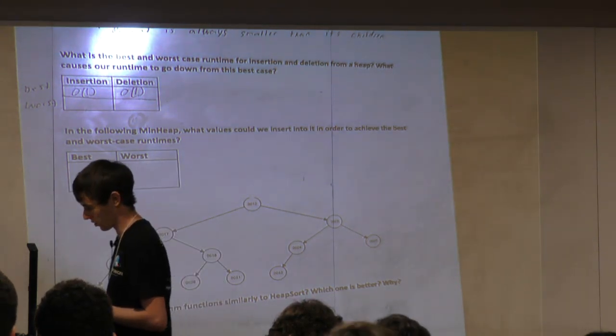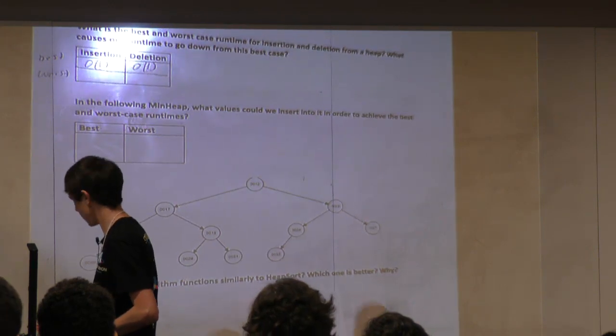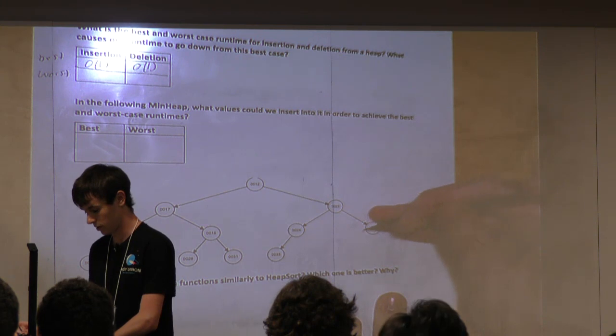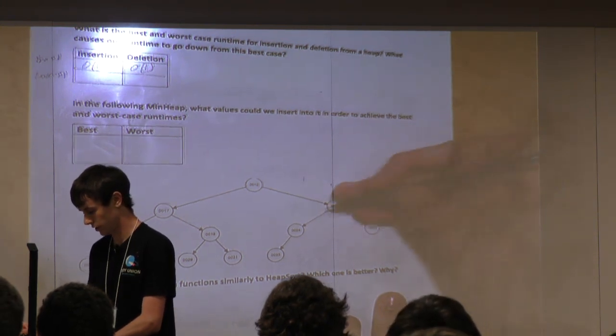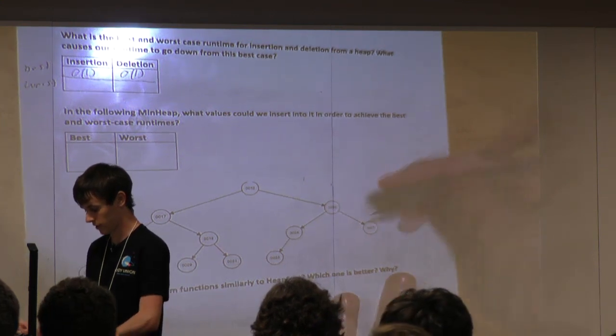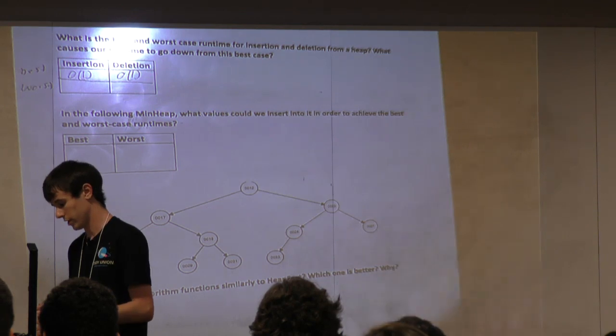So now for our worst case. When we talk about insertion, going back to this one, our worst case for insertion, if we insert in a min heap, is going to be if we insert something that is so much smaller or larger, depending on the min or max, that it has to move up to the top. We have to percolate all the way up to the very top of our heap.